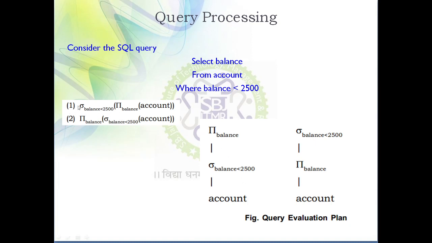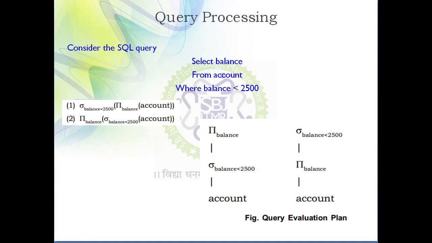This is relational algebra expression 1 and this is relational algebra expression 2, and then query evaluation plans can be generated. Here you can see there are two query evaluation plans. In plan 1, first we perform the selection operation and then the projection operation. In the second plan, first we perform the projection operation and then the selection operation.